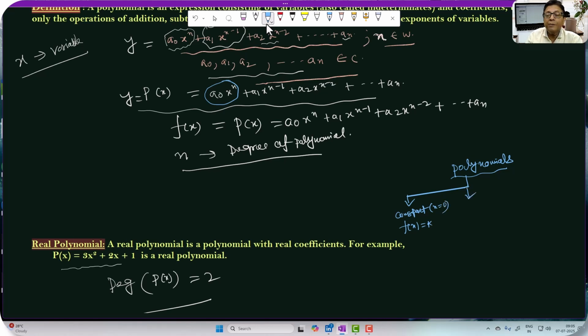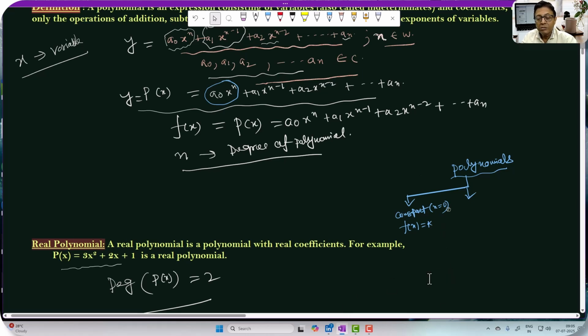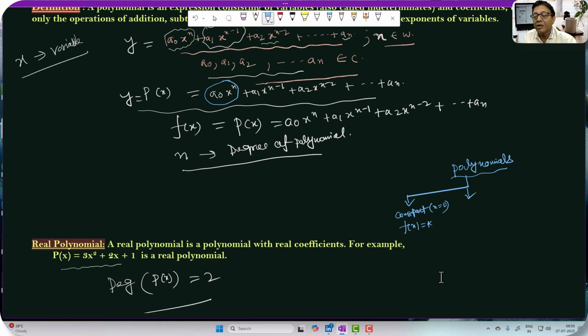A first degree polynomial is of this form. A first degree polynomial can have a maximum of 2 terms, that is f(x) equal to a0x plus a1.